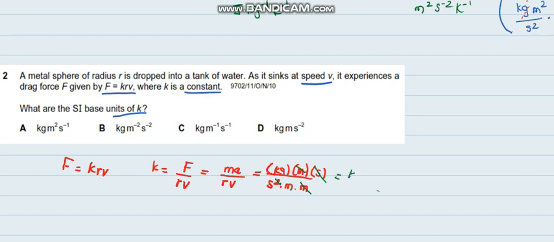We have kg second minus 1, second minus 1, and meter minus 1. So our answer would be C. C would be our appropriate answer.